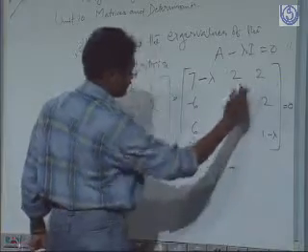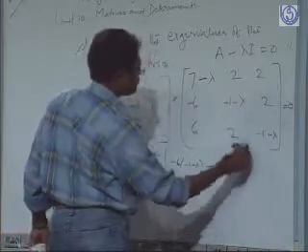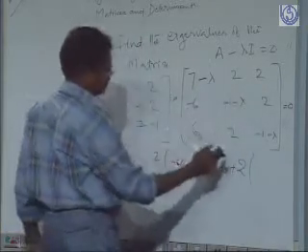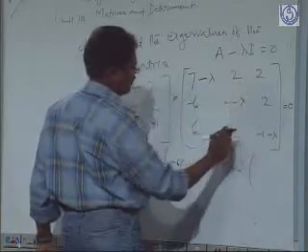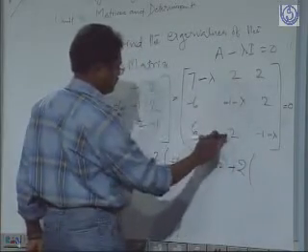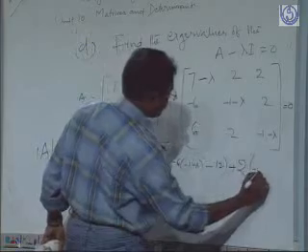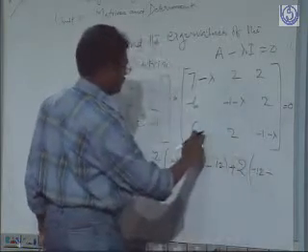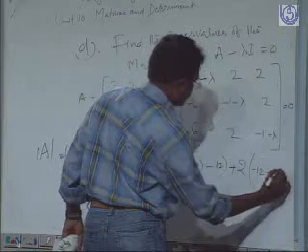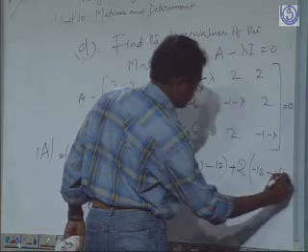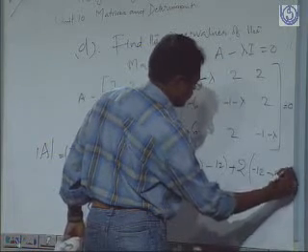Then plus 2 into, 6 times 2 is 12, minus, minus 6 into minus 1 minus lambda.